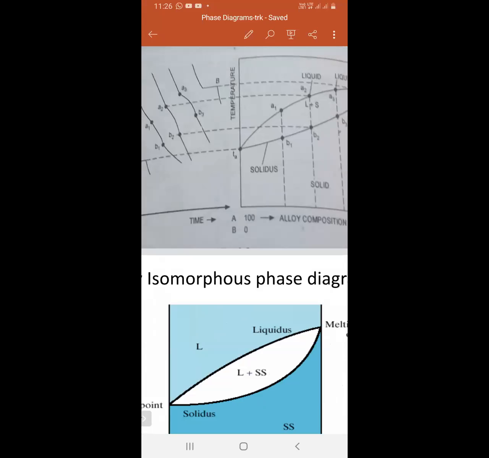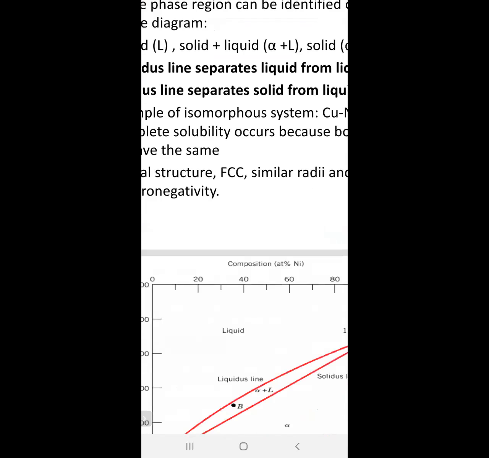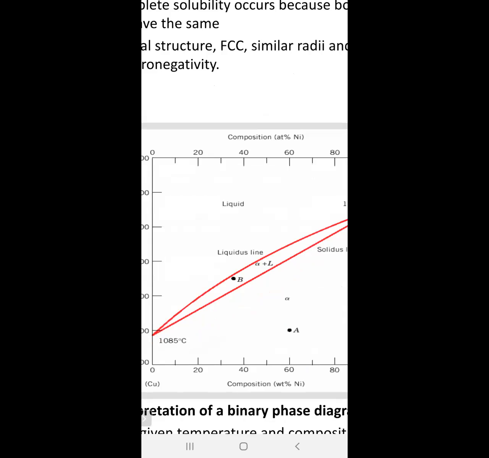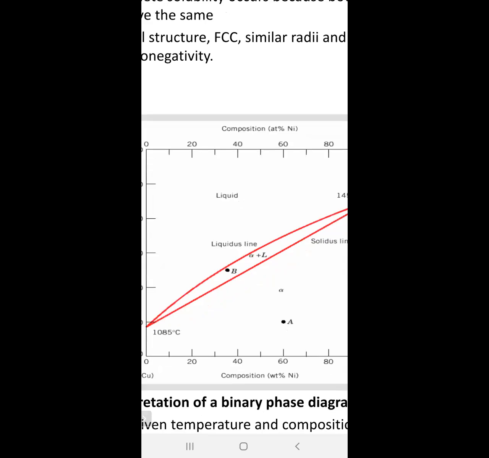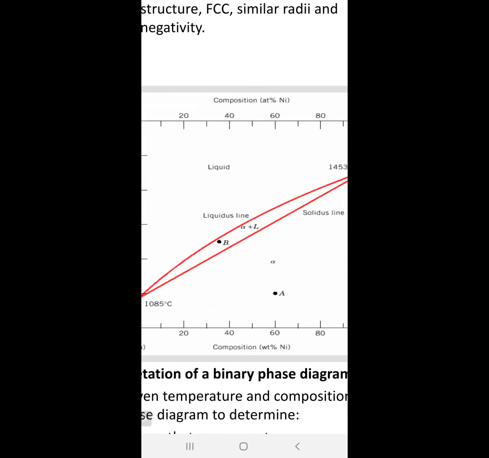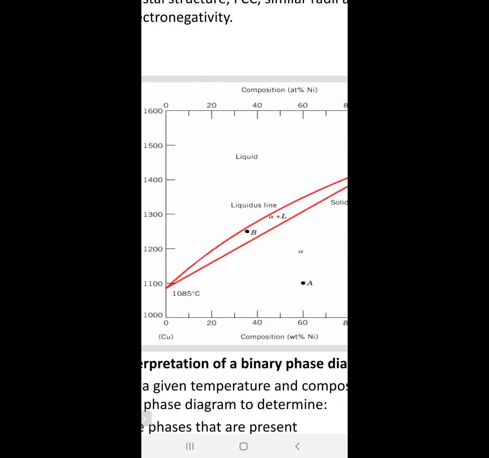In the same way here also, if you draw a few lines, solidification starts at one point and ends at one point on the curve below. The total solidification process happens in this region.